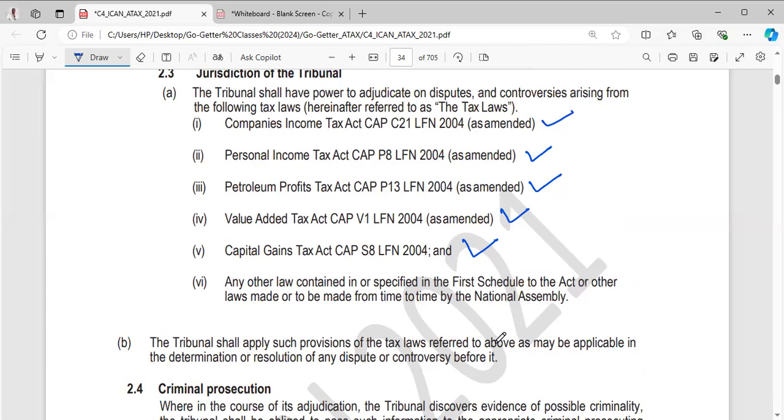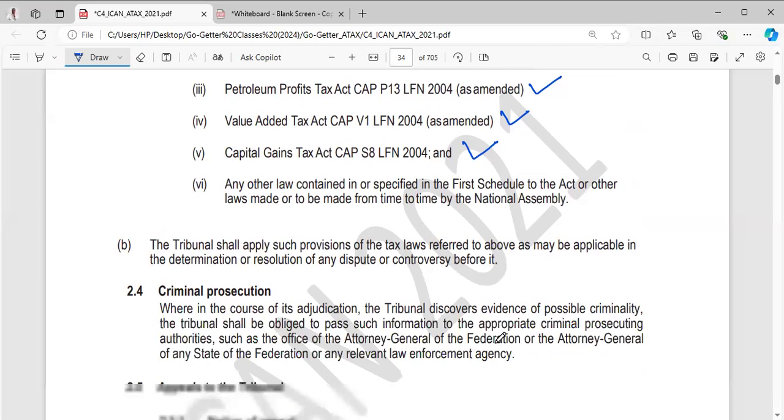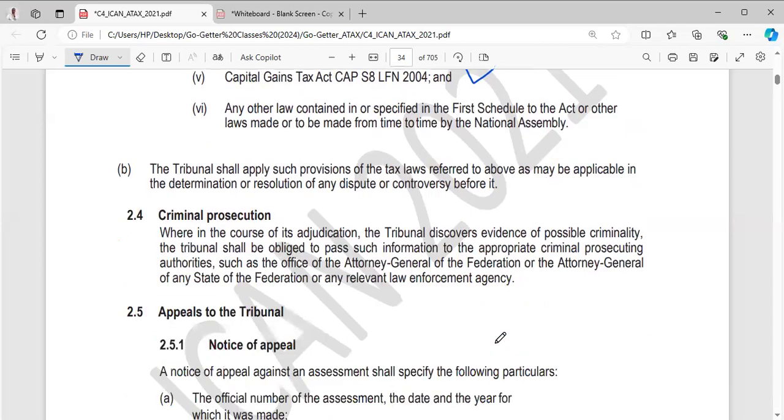Criminal prosecution. Where in the course of its adjudication the tribunal discovers evidence of possible criminality, the tribunal will pass such information to the appropriate criminal prosecuting authorities, such as the Attorney General of the Federation, or of any state, or any law enforcement agency, let's say the EFCC, ICPC.